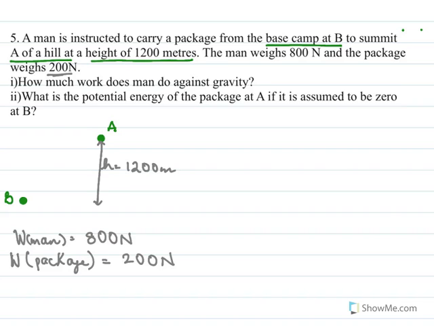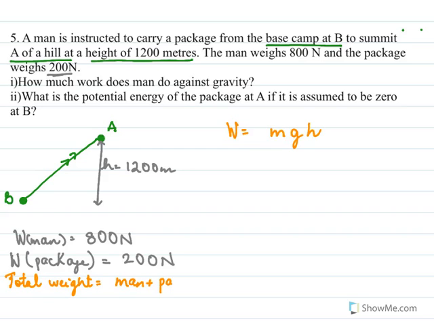Now you know the work done while moving from B to A, as he is moving from B to A, the work done will be always mgh. Now the total weight that is being carried from base camp B to summit A is of the men plus package.